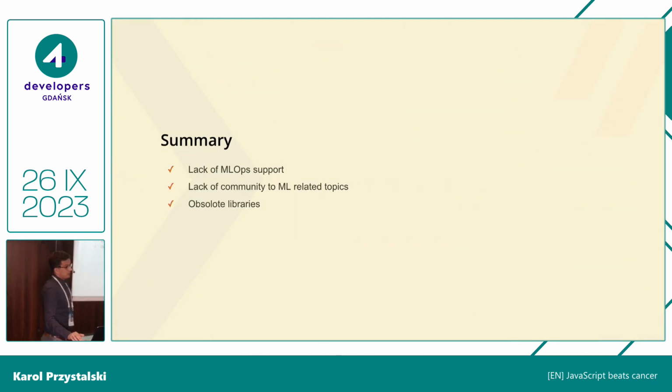On the other side, in JavaScript, MLOps doesn't exist, actually. Literally. It doesn't exist when it comes to any kind of library for MLOps. Even in Kubeflow there is a part that is developed in JS, but in general, not a lot. The community on ML topics is very poor.